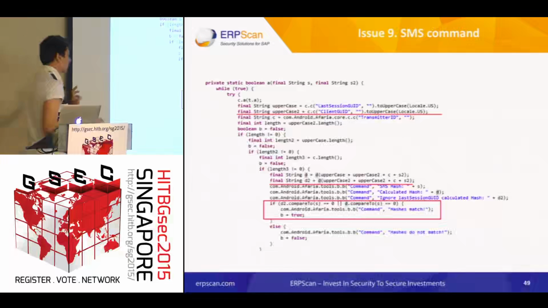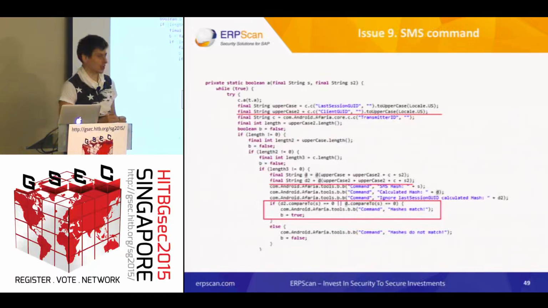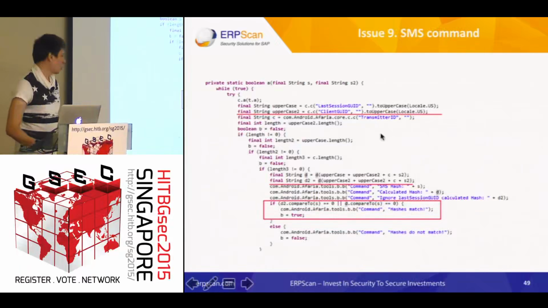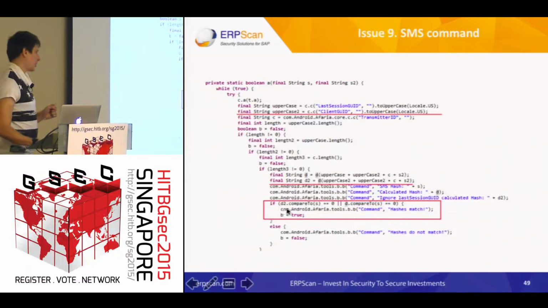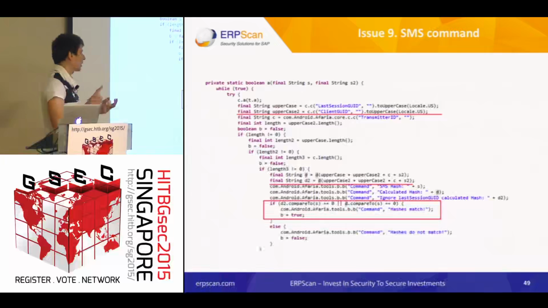But if we try to decompile, for example, the Android application for Afaria, we can see that Afaria actually compares not only one hash, it tries to compare two different hashes, D2 and D. The first hash is our typical hash which contains session, client ID, and server ID.